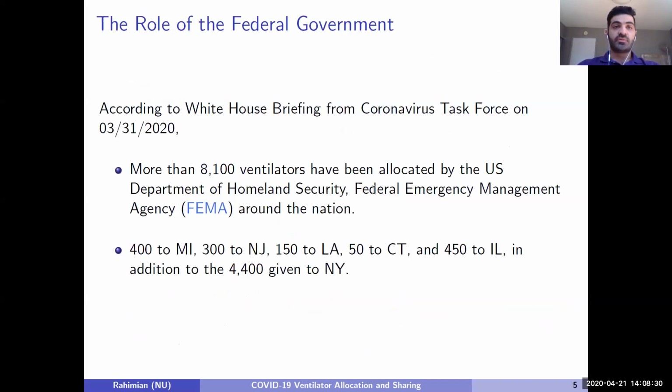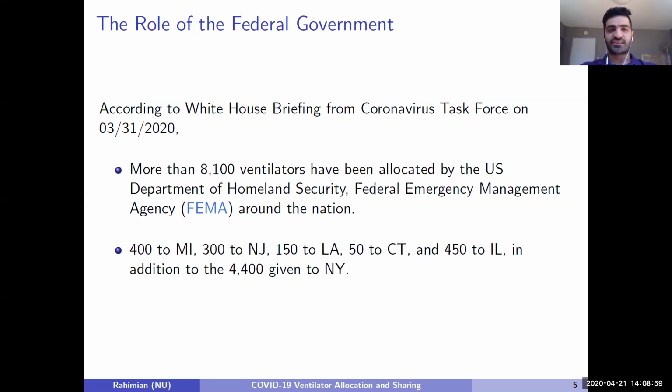At the same time, the federal government has tried to coordinate this issue. According to the US presidential briefing from the coronavirus task force on March 31st, around 8,100 ventilators were allocated to different US states by the US Department of Homeland Security, Federal Emergency Management Agency, FEMA, which you will hear about frequently during this talk.